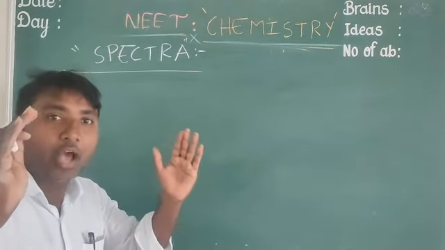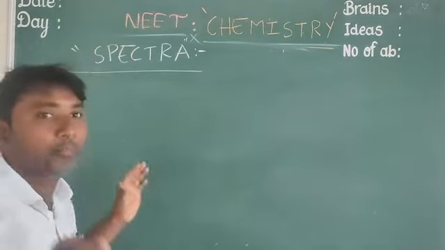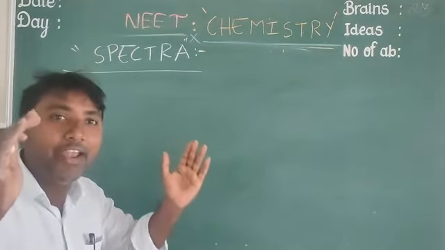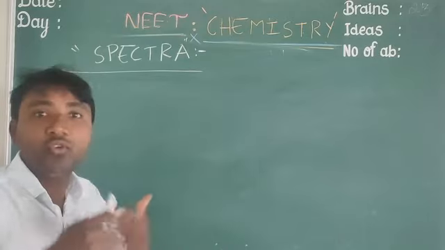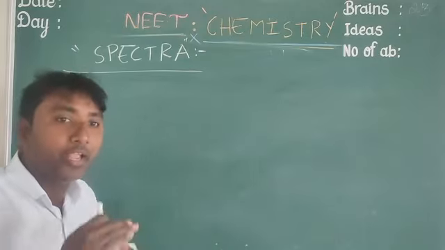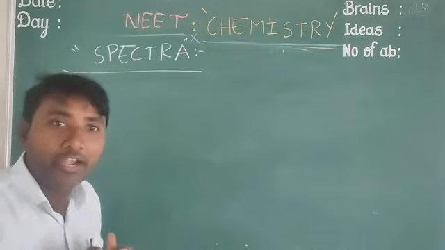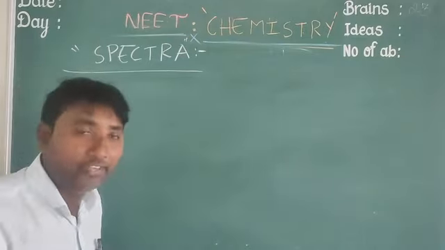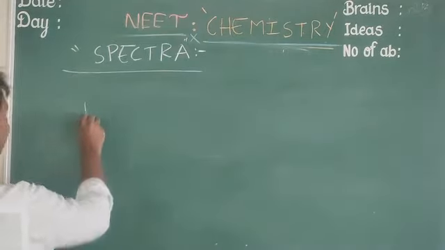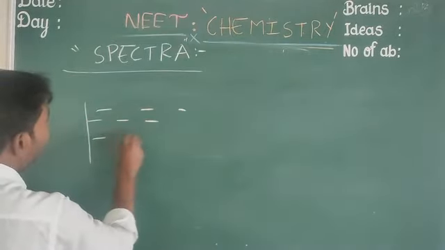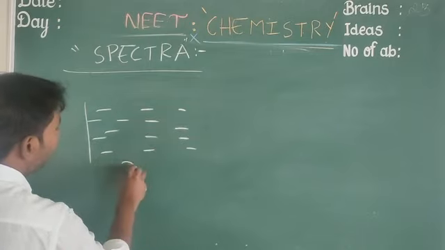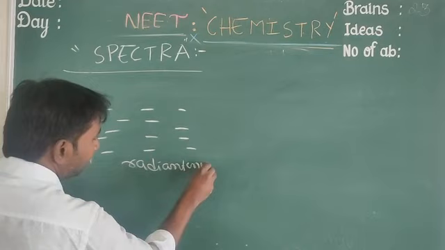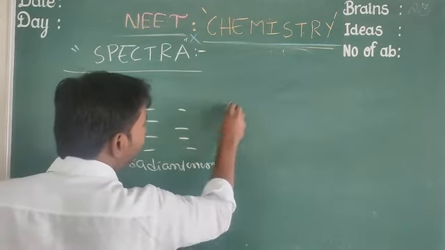To discuss about the spectra. What is the spectra? When the radiant energy passes through the prism, it can split into different directions as a series of lines. For example, this is radiant energy passed through the prism.